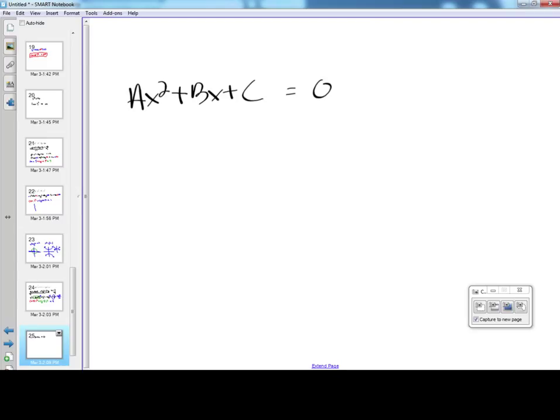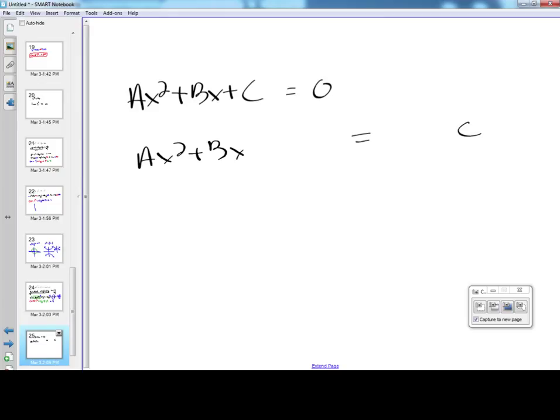And spoiler alert, if this is a quadratic expression, and we go through the complete the square process, we actually end up with what you guys have been calling the quadratic formula. Because what we're going to do is solve this for x. So watch this. I'm going to take ax squared plus bx and isolate it from c.